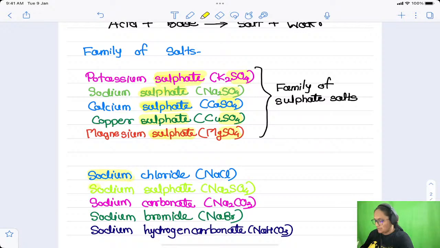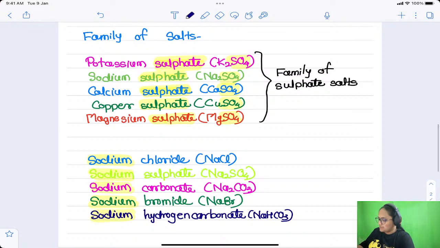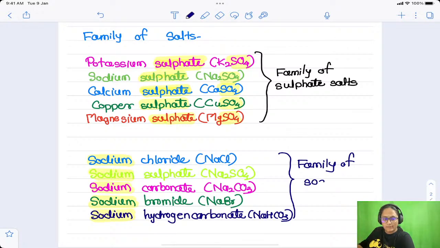Sodium is the common word in all of them. Sodium ion is a cation here, so I will call this the family of sodium salts.